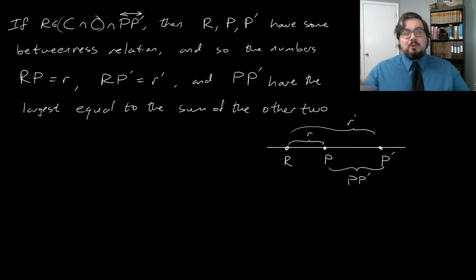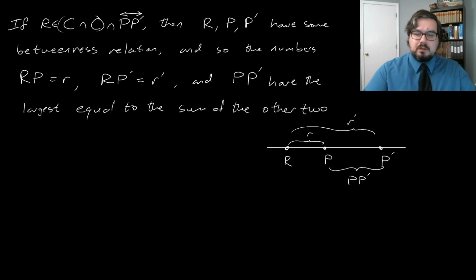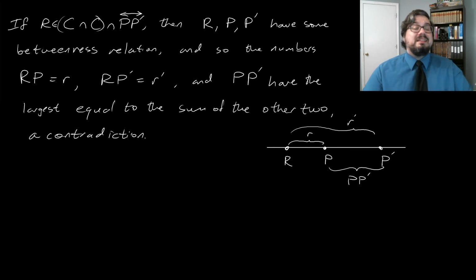And no matter how you arrange these 3 points, the betweenness relation says that whatever the largest one of them is, it's the sum of the other two numbers, which is a contradiction, because we assumed that the largest of these numbers is strictly less than the sum of the other two.